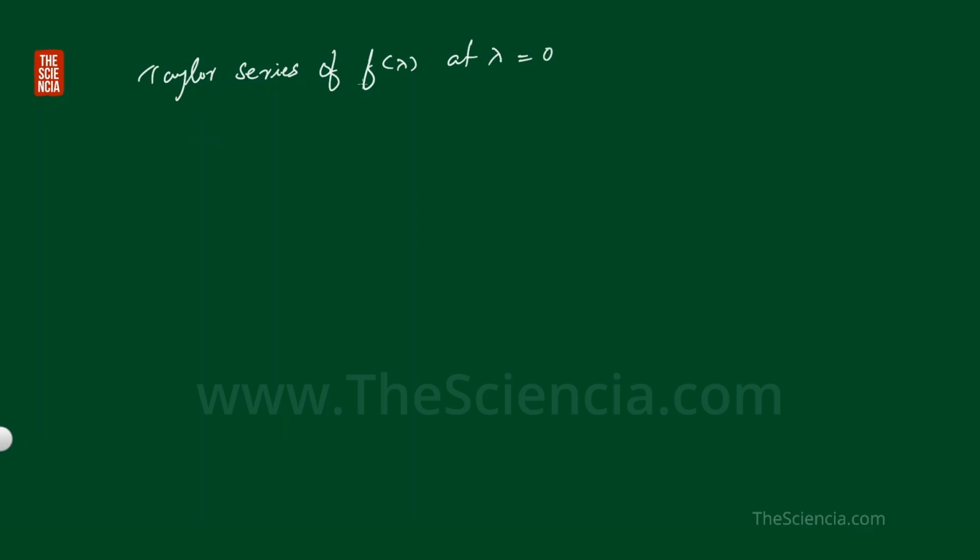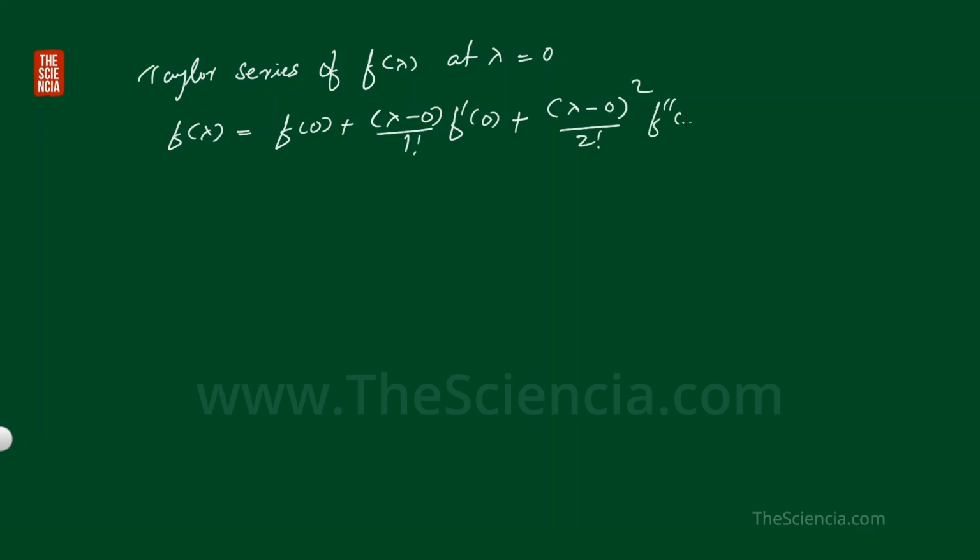Then we can find out this function, that is f of lambda, equal to f of 0 plus (lambda minus 0) by 1 factorial f dash of 0 plus (lambda minus 0) whole square by 2 factorial f double dash of 0 plus (lambda minus 0) whole cube by 3 factorial f triple dash of 0 plus etc.